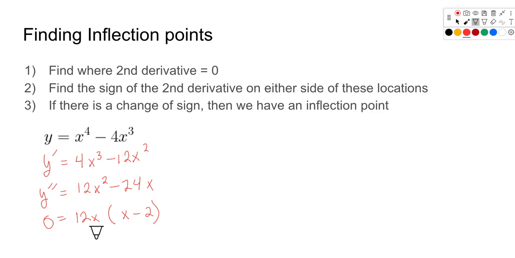So I can see that the second derivative equals 0 when x equals 0, and another one when x equals positive 2. Then I could look at the second derivative, either in factored form or in the expanded form. Let me just take one of the points. We'll take x equals 2.